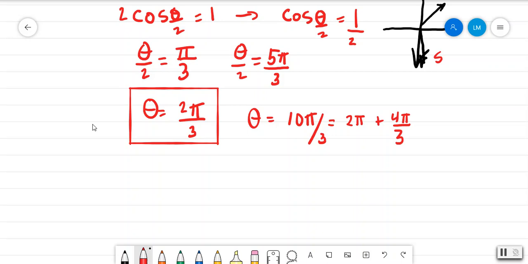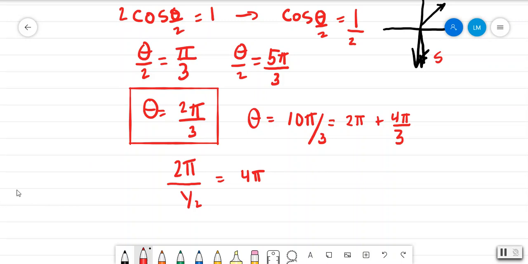Now, if we try to solve for all solutions, the only solution that we'll have within the first rotation is 2 pi over 3. Looking at the period of the function, we know that that's going to be 2 pi divided by 1/2. So this gives us that the period is 4 pi.